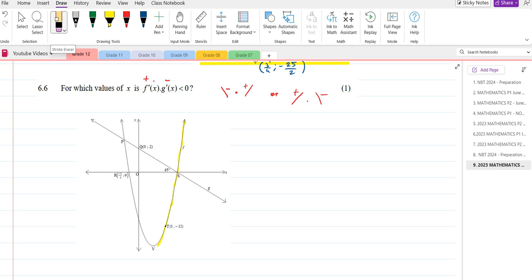And decrease times increase must be less than 0, right? And this one is decreasing all along here. So all this is decreasing.